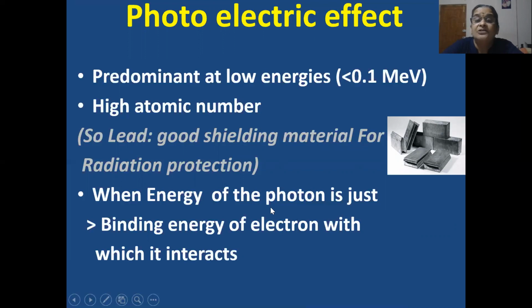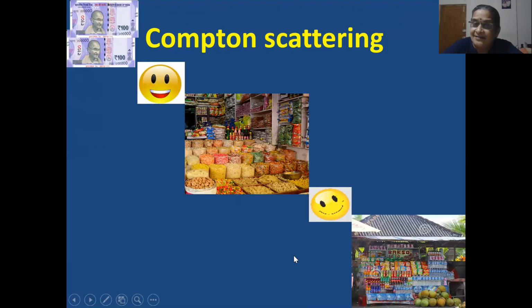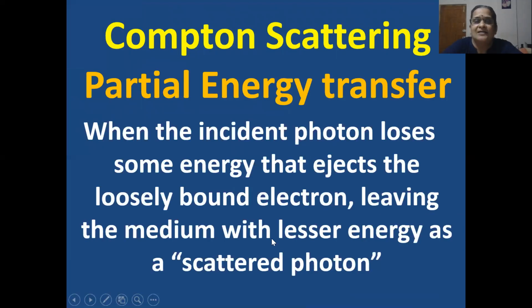This happens when the energy of the photon is just more than the binding energy of the electron with which it interacts. Now, what is Compton scattering? It is the partial energy transfer when the incident photon loses some energy that ejects a loosely bound electron, leaving the medium with lesser energy as a scattered photon at a deflected angle.